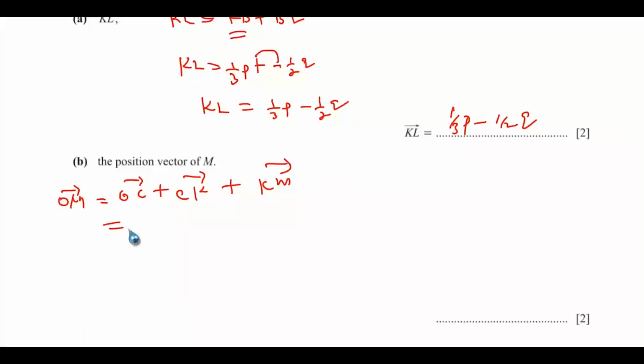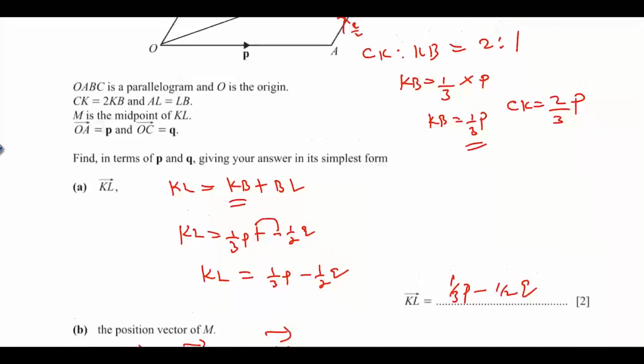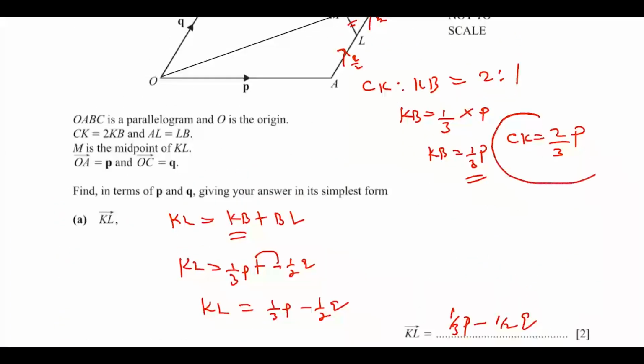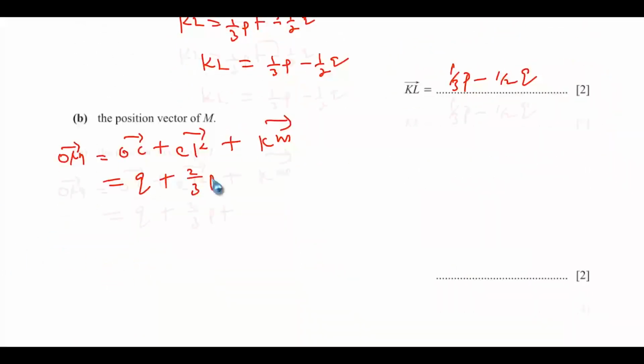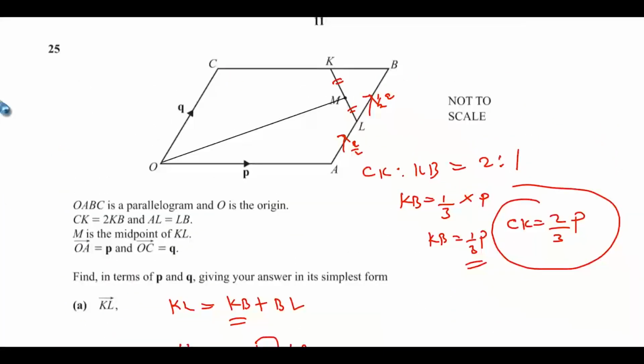So let's plug in the values. OC is Q, then CK will be 2/3 of P. Look at it here, this particular one: CK is 2/3 of P. If you check the diagram, KM is the same as ML, and we just found KL, so that means KL will be divided equally between KM and ML.